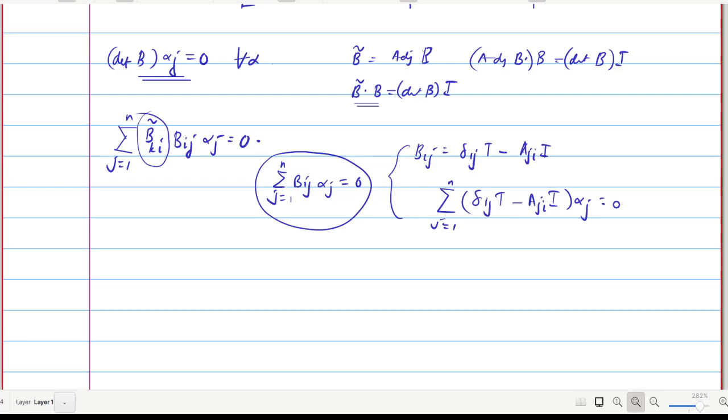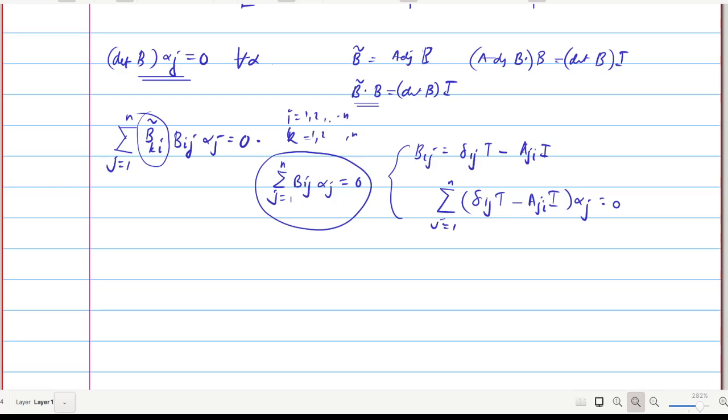Now we have summation j is equal to 1 to n of b_ki tilde b_ij alpha j equal to 0 for all k varying over 1, 2, 3, etc., n. So this is true for every k and i, because these are independent of j. For every k and i varying from 1 to n, you have this result equal to 0.